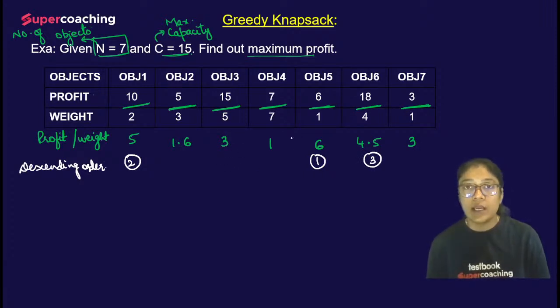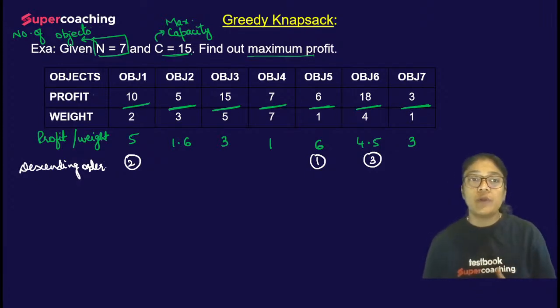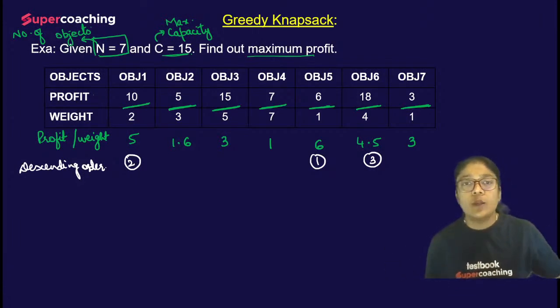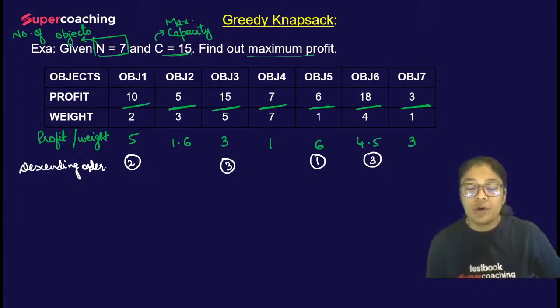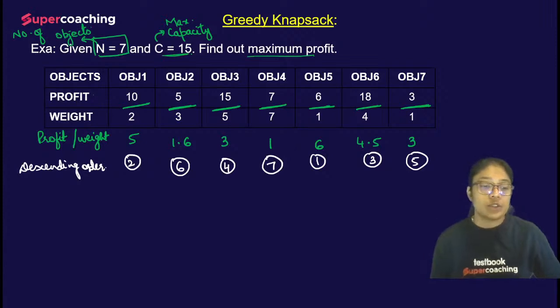Now two objects are having the same profit upon weight ratio. तो आप इसमें पहले किसी को भी consider कर सकते हो, because profit upon weight ratio means per unit how much profit is earned. अगर दो object बोल रहे हैं कि per unit same आएगा, so any object can be taken. Let me call this as 4. 3 तक हो चुका, so I'll be considering this on the fourth number 5. 6 and 7. मैंने descending order में arrange कर लिया.